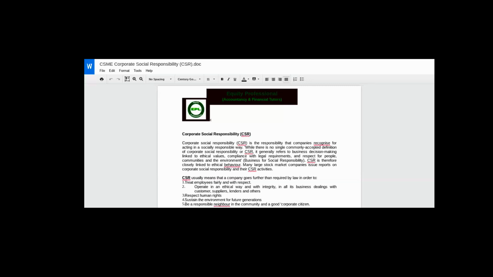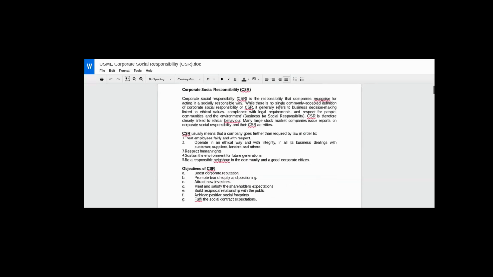We must avoid this. So CSR, to round it up, can simply be defined again as the voluntary responsibilities that the company engages in to better the life of the society, their employees, the shareholders, and the larger community.